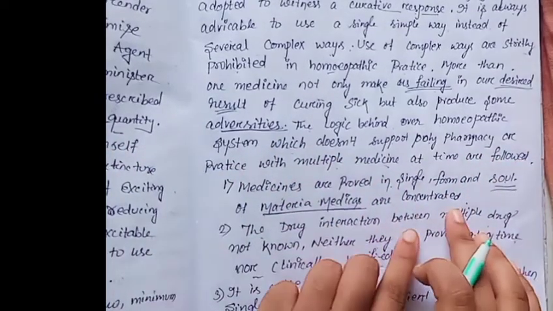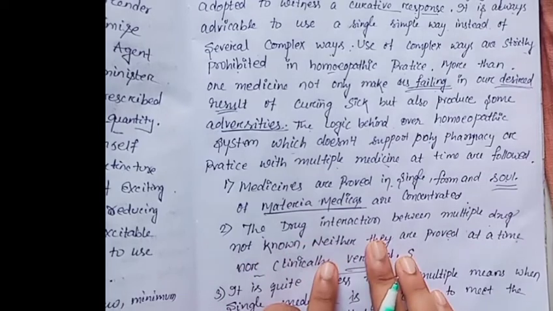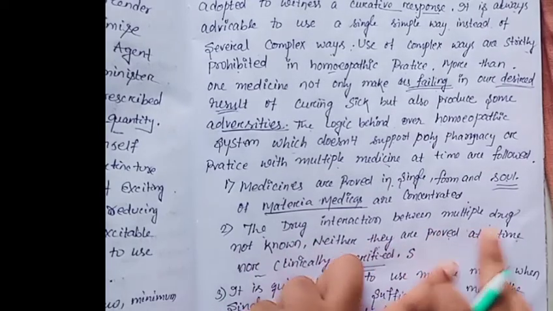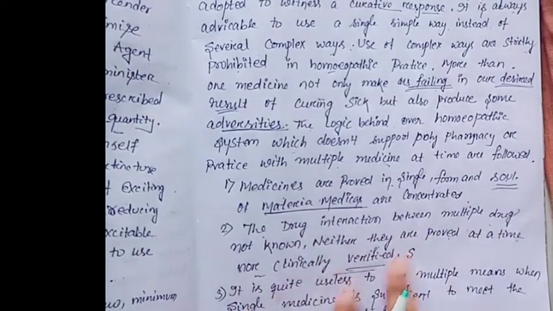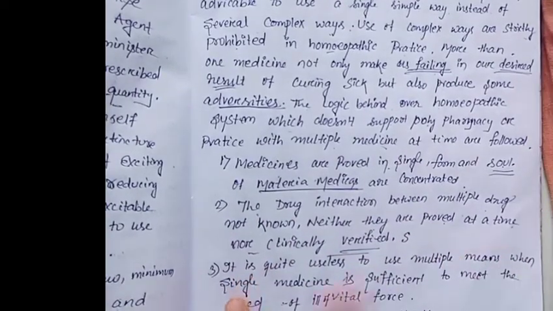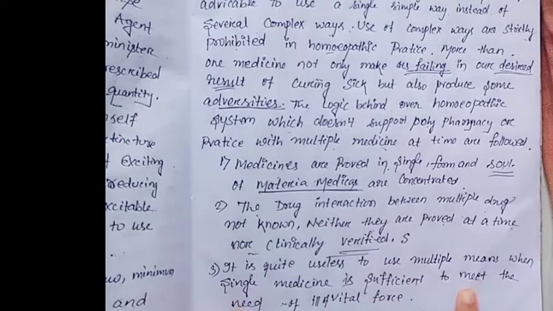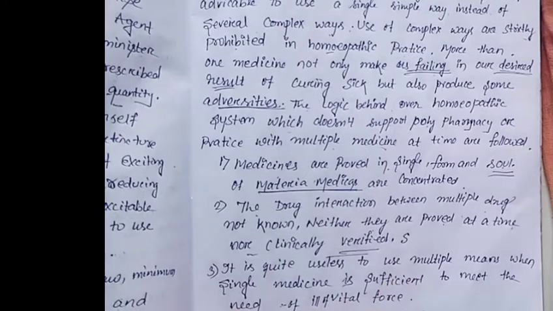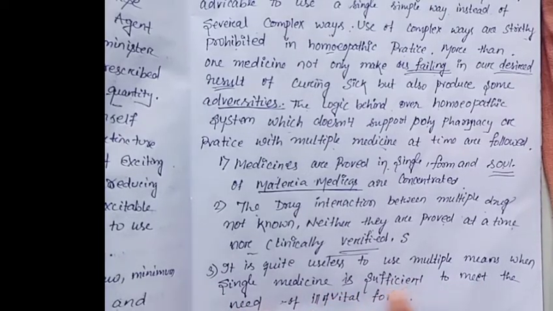Therefore the drug interaction between multiple drugs we don't know. Okay. It is quite useless to use multiple means when a single medicine is sufficient to meet our desired result by releasing the ill effect on the vital force.